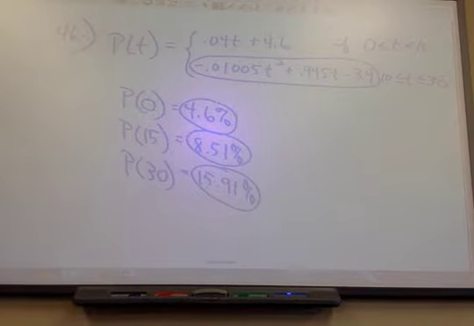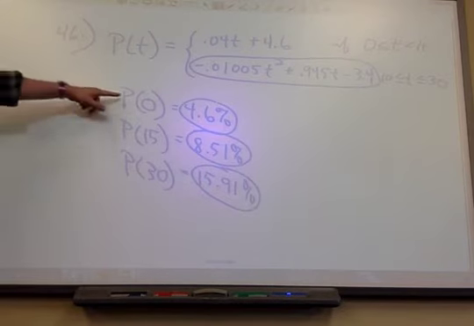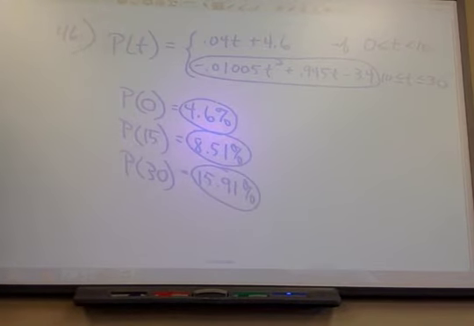What is that saying? Over time, what's happening? Eating too much McDonald's. Yeah, it's increasing, so to speak, right? So, 1970, 85, and 2000. All right. That wasn't too bad, was it? That's just using a piecewise function.